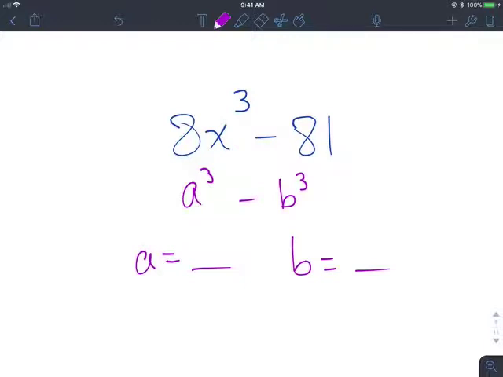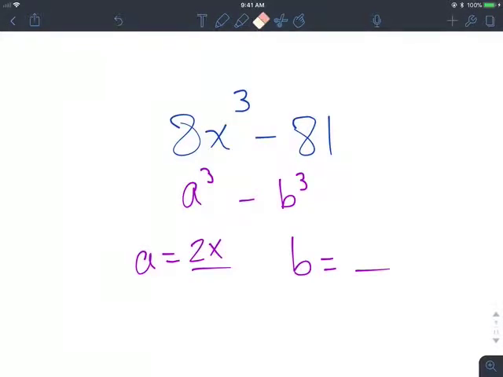8x cubed is a cubed. You need to tell me what is a. 8x cubed would give me 8 times 8 times 8, which is a lot bigger than 8. Nope, you need something smaller than 8. What cube gives you 8? 2. 2x is a. What's b? I thought it was 3.